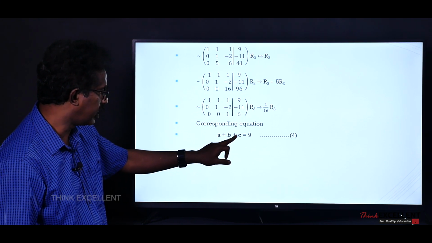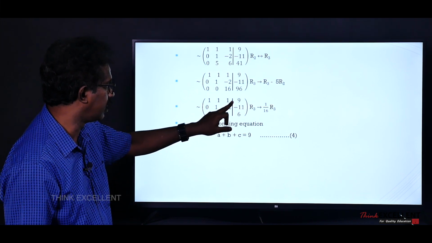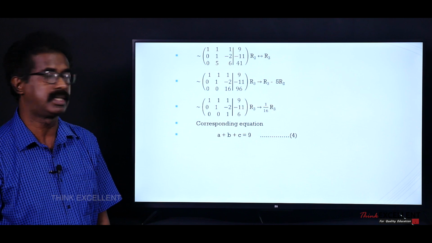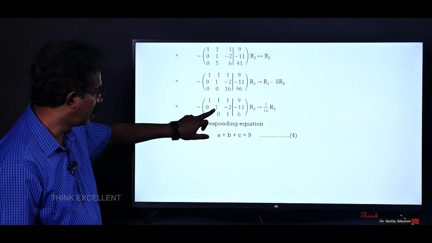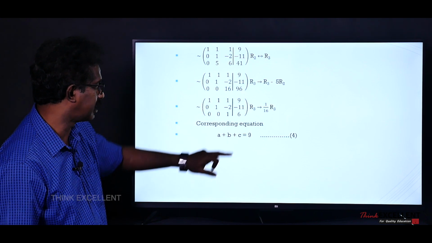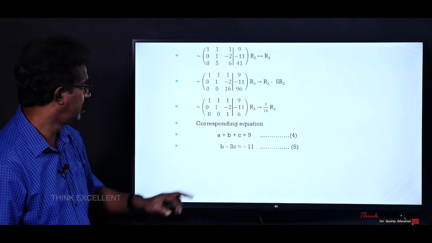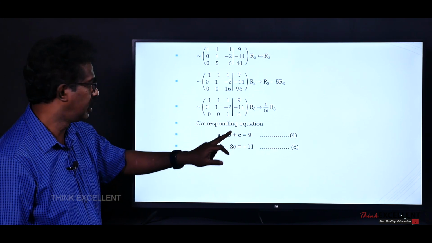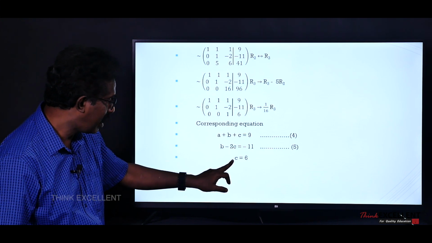But here instead of x, y, z we have letters A, B, C. So A plus B plus C equal to 9. What is the second equation? 0A, leave it, plus B minus 2C equal to minus 11. What about the third one? 0A, 0B, leave it, 1C equal to 6. That's all. C equal to 6, got it.